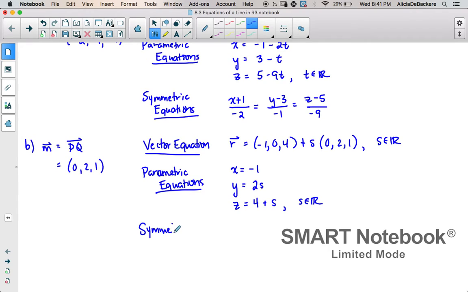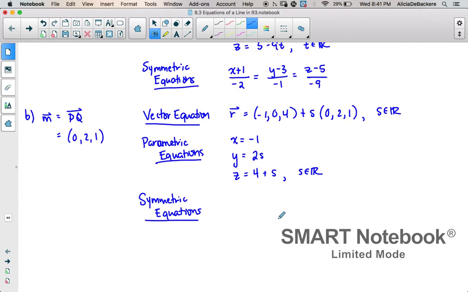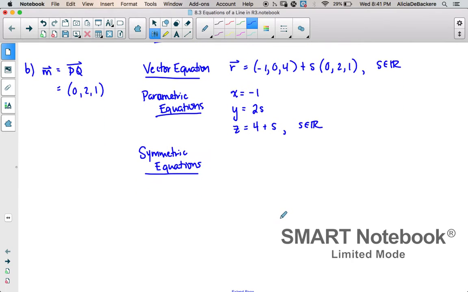Then we'll move on to our symmetric equations. Okay, so remember, to come up with the symmetric equations, what I do is I rearrange each of the parametric equations to solve for the parameter, so in this case solving for s. Now what I notice is I can't rearrange this for s, there is no s.